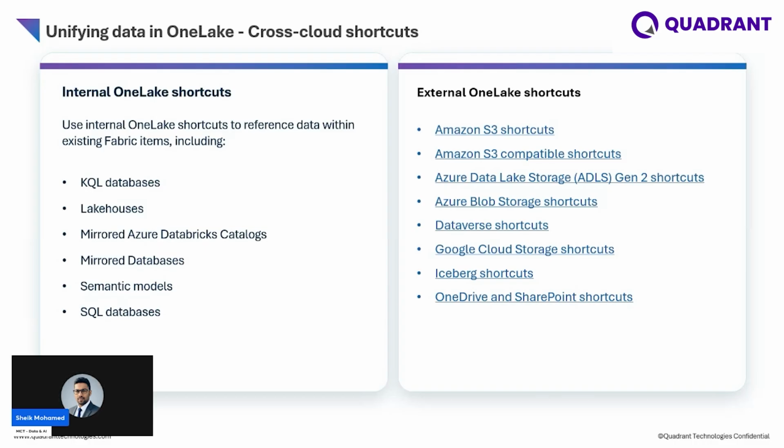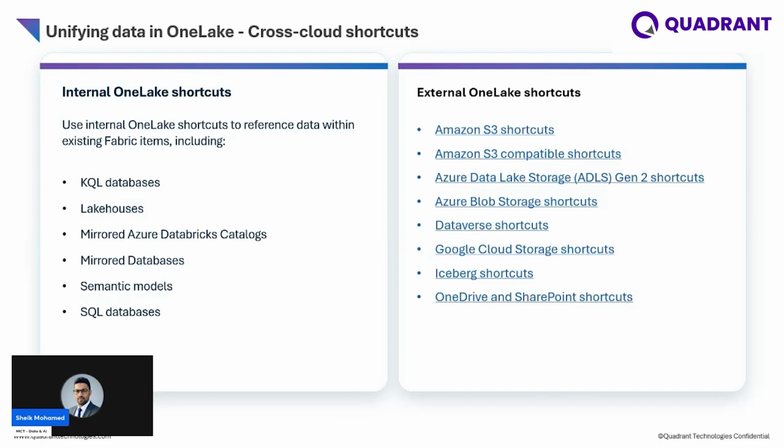External shortcuts, as you can see here, currently support Amazon S3 compatible shortcuts, ADLS Gen2 in Azure, Blob Storage shortcuts, Dataverse, Google Cloud Storage, and we have Iceberg support. And I think Microsoft recently extended this support to files as well, right?